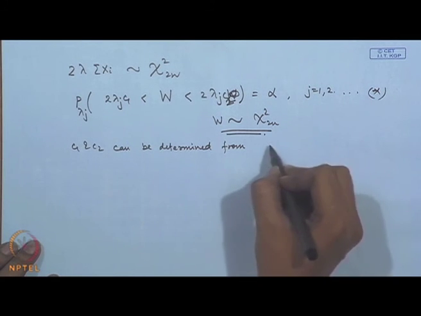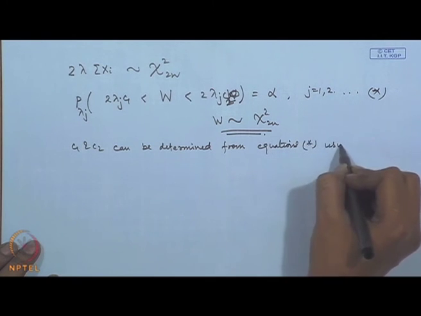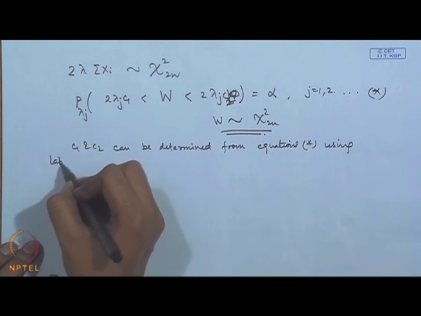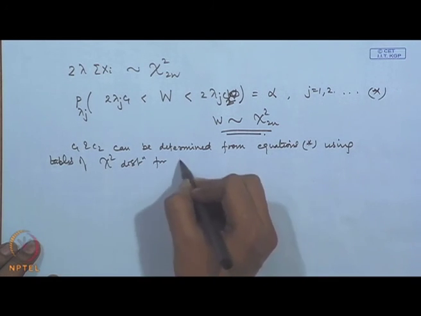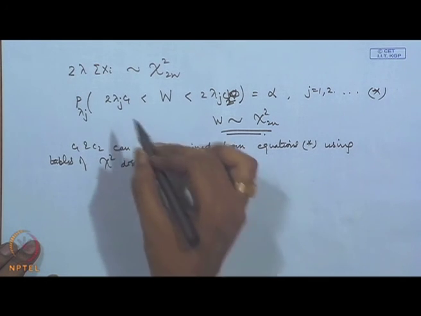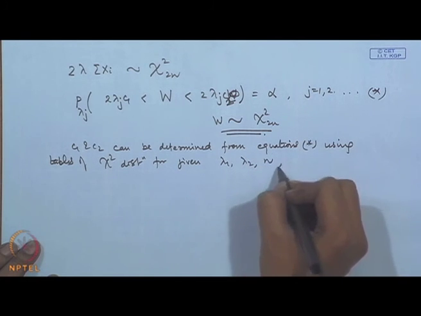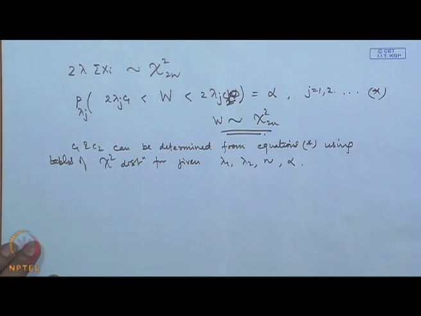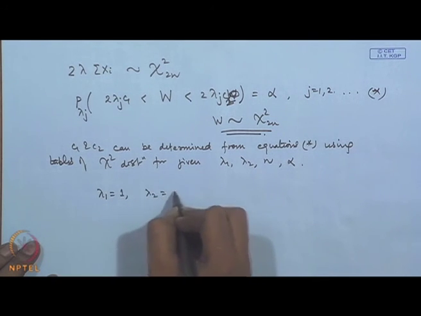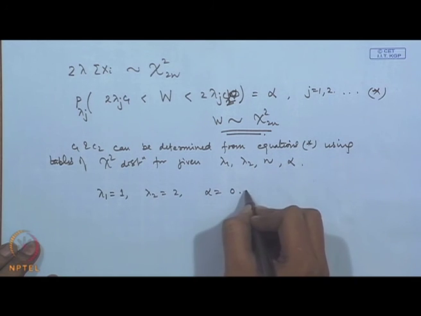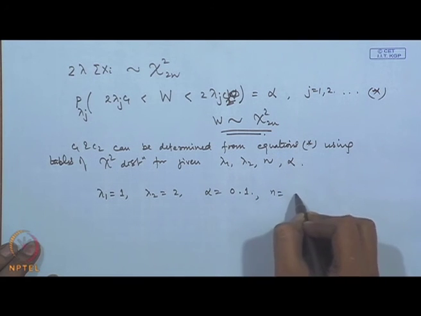C1 and C2 can be determined from equations star using tables of chi-square distribution for given lambda 1, lambda 2, n and alpha. So, for example, in a given problem you may have lambda 1 equal to say 1, lambda 2 equal to say 2, alpha equal to say 0.1, and say n equal to 5.